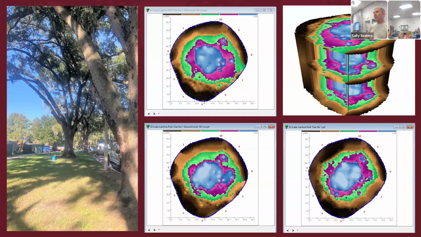Because if a tree's got to that size, it's got to that size by virtue of the fact it's had access to everything that it needs. If it's now declining, it's either that it is in too small an area to sustain the size it's got to now. Bearing in mind, a tree like that will take 35 to 40 gallons a day up through its system of soil solution.